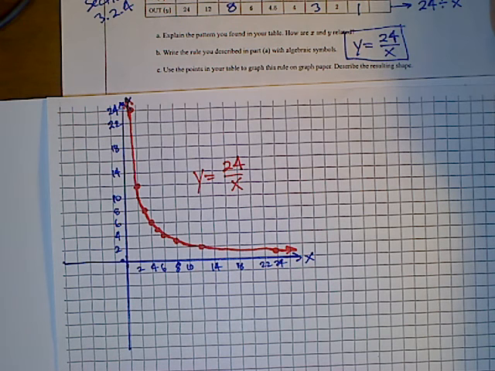So I'm going to just throw arrows to show that pattern kind of continues along. So our shape is a curve that continues along the x and y axes in the positive direction, right? So that's how I would describe my shape, is this curve that continues along the x and y axes.